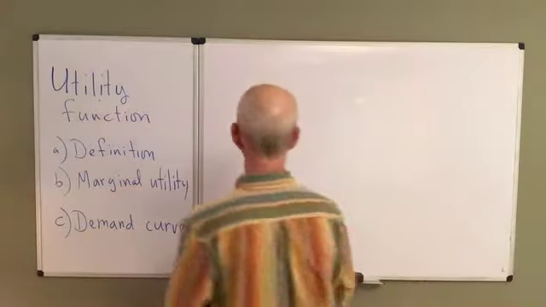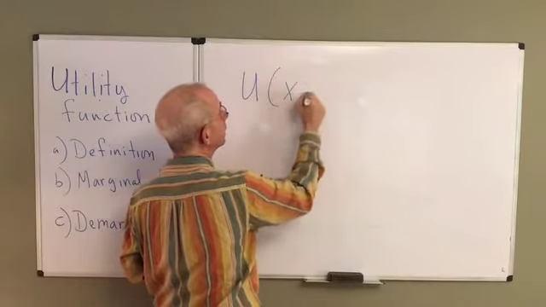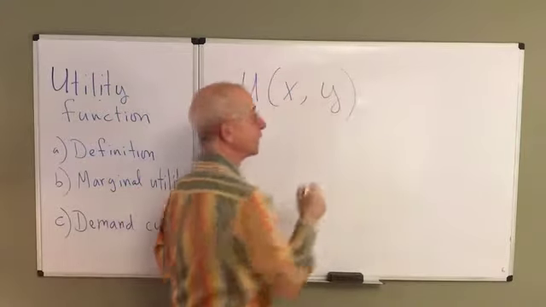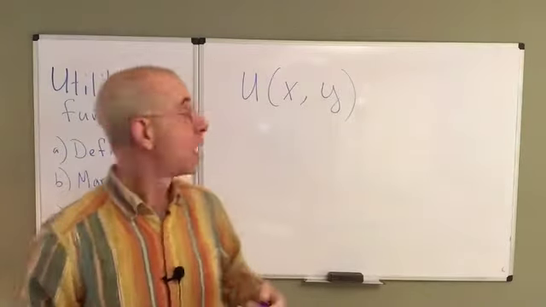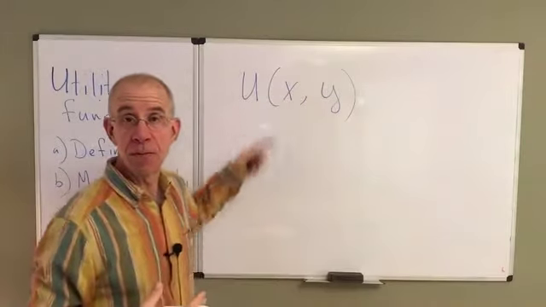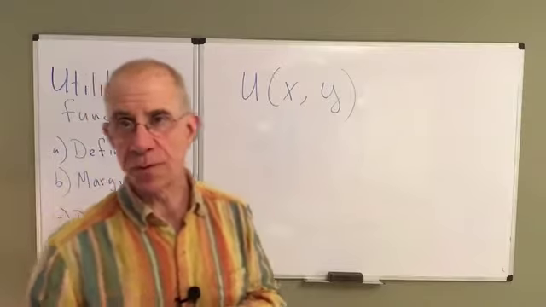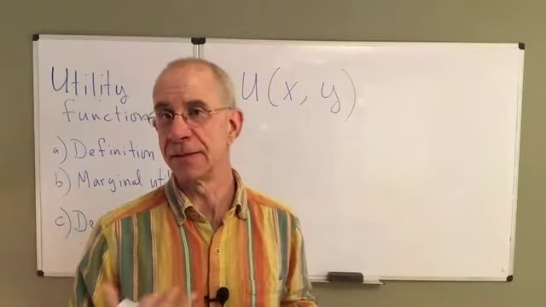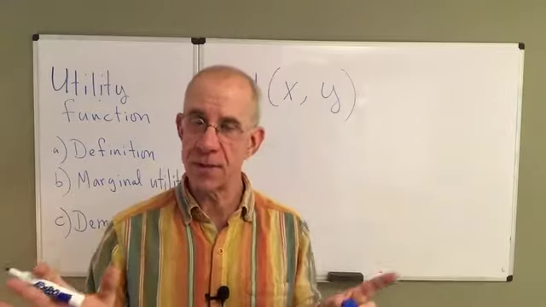Now, as a function, we write it traditionally in this way, that we say that the benefits to a consumer of consuming good X and good Y depend on some utility function U. Now, there are various forms of a utility function that are used in practical economic analysis, but I want to leave it general right now.